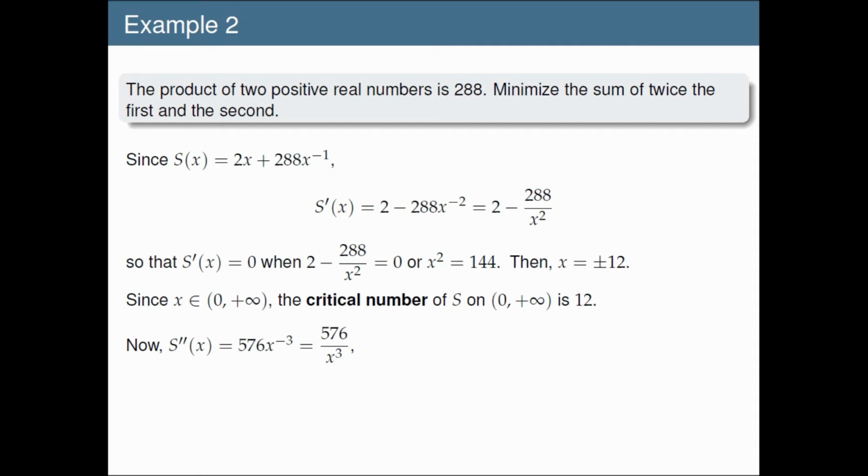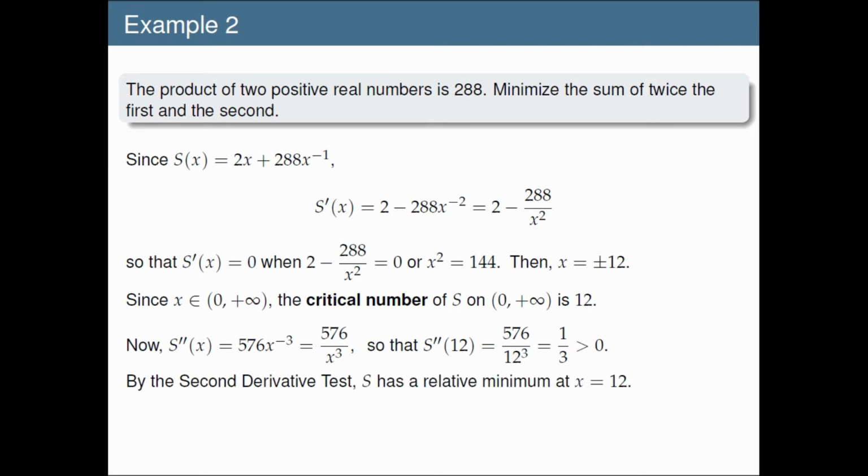If we substitute x equals 12 dito, s double prime of 12 equals this one, which is equal to 1/3. This is positive. Since s prime is 0 and s double prime is positive, then by the second derivative test, s has a relative minimum at x equals 12. Okay?